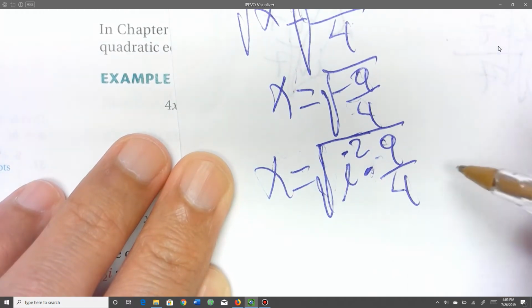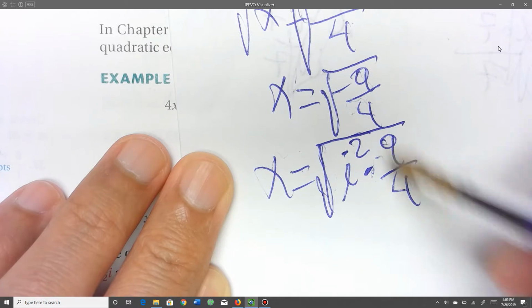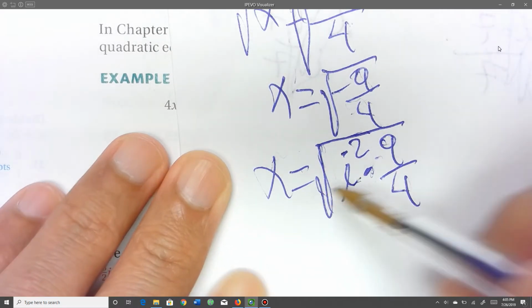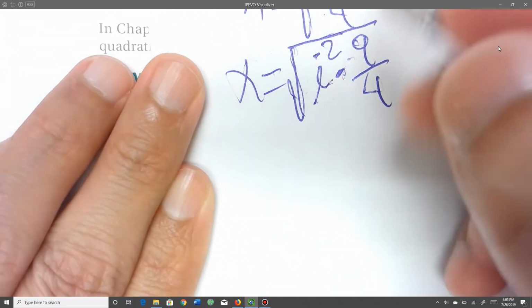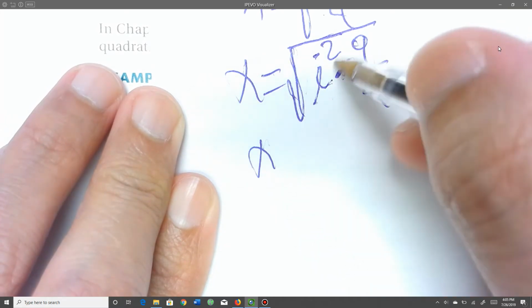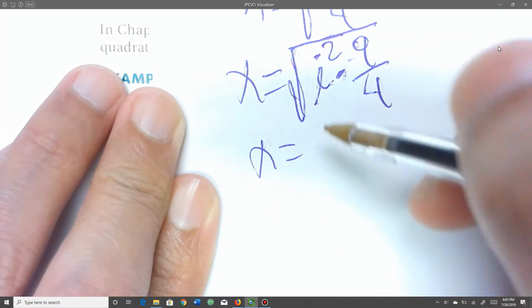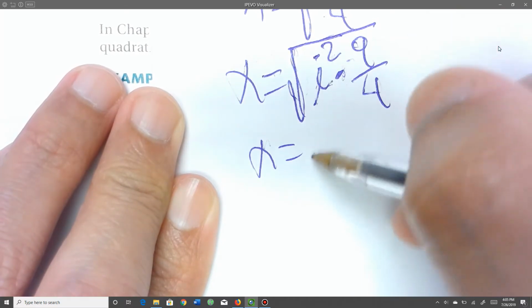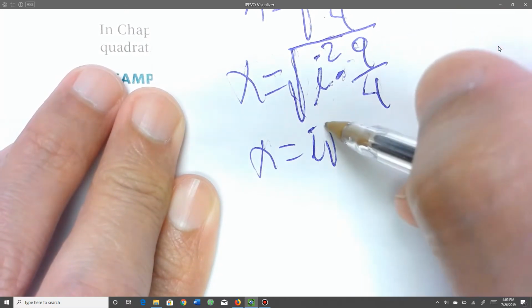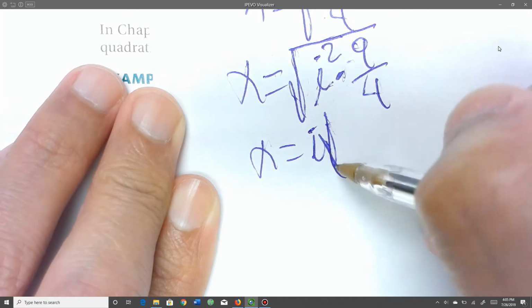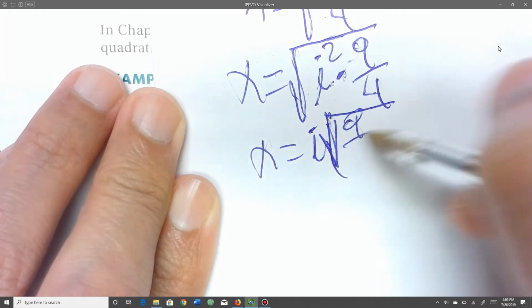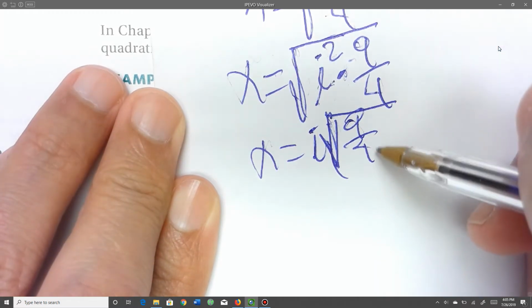If I think about it that way, I can pull the i out of the radical sign, because now I know this is an i squared. And this is a perfect square now, so just move it outside the radical sign. Leave 9/4 inside. Simplify if you can.